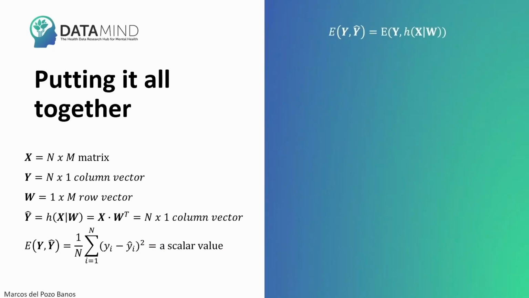And then we can expand this as we wish. So if we have e of y and y hat, we can expand y hat with its definition based on h as a function. We can even introduce h inside, and we can say now that e is a function of y and x, given another function h and some parameters w.